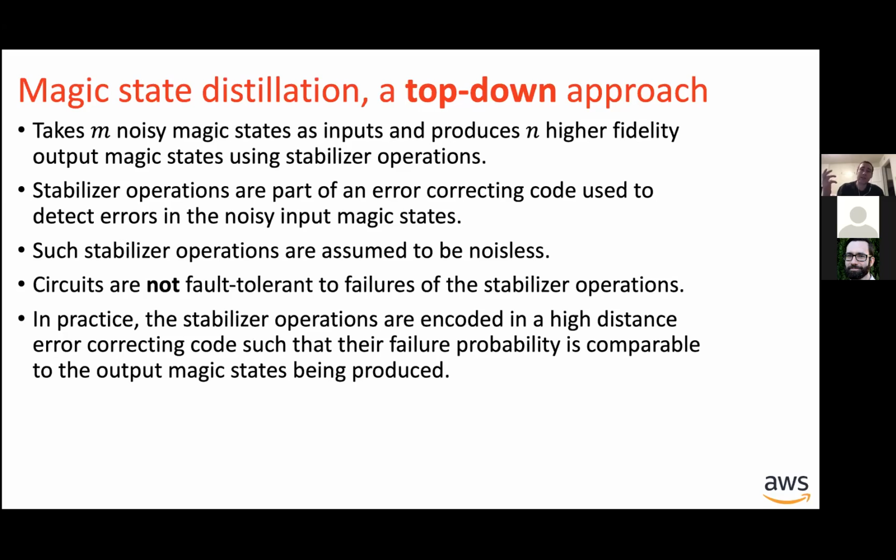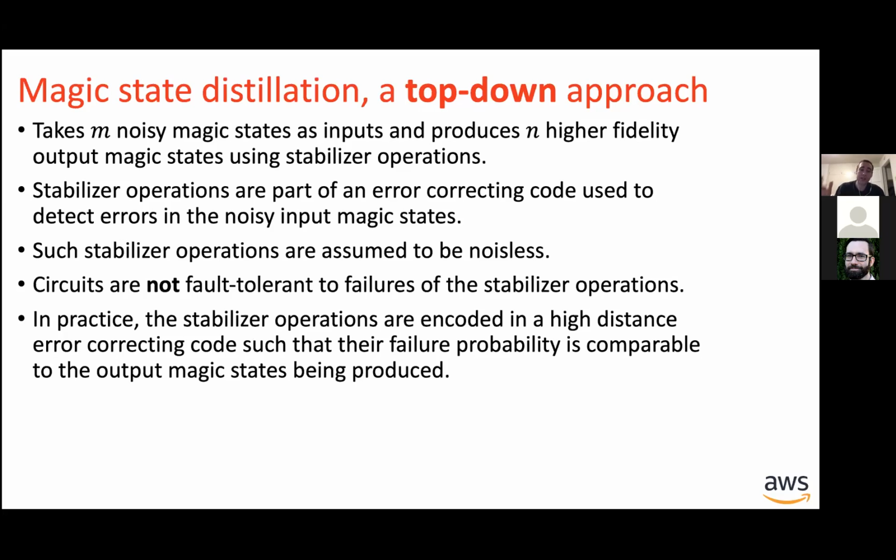Okay, and then the idea of how we're going to purify these magic states is that we're going to use some error correcting code that can detect errors on these noisy magic states. But the key feature here is that the stabilizer circuits that we're going to use to detect the errors in the magic states are not fault tolerant to failures in our stabilizer operations.